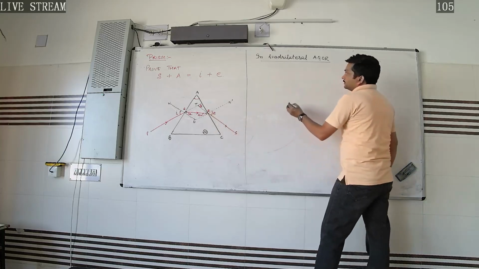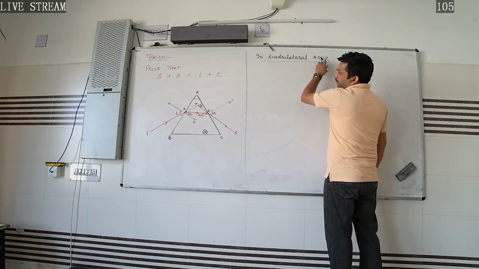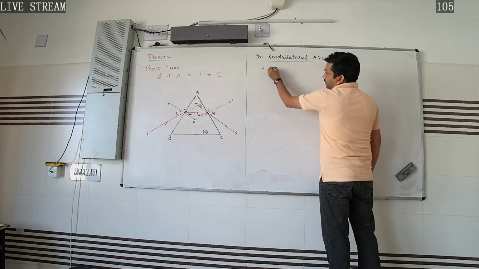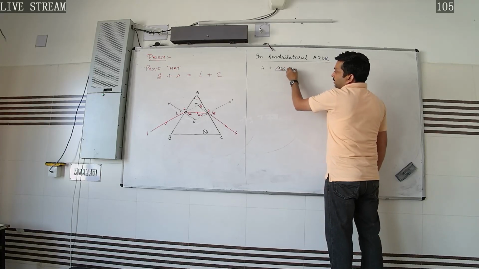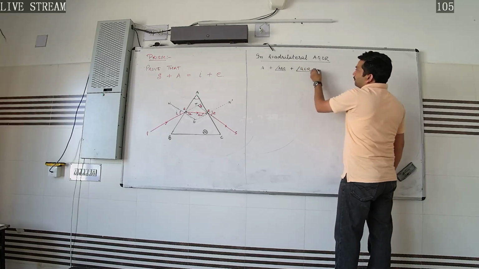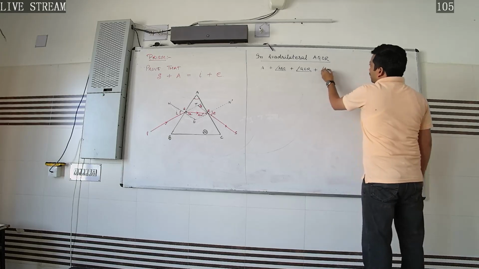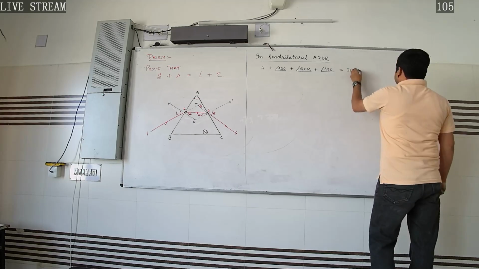So how we can write it? That is, in quadrilateral AQOR, the angle of prism A plus angle AQO plus angle QOR plus angle ARO is equal to 360 degrees.